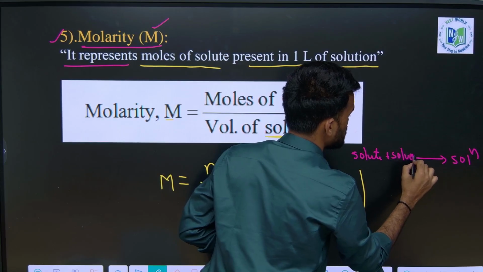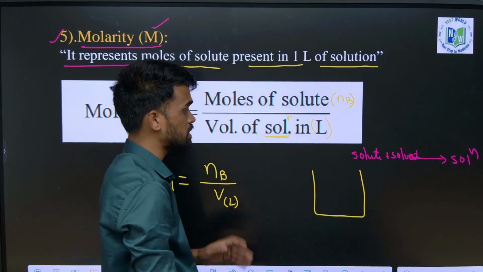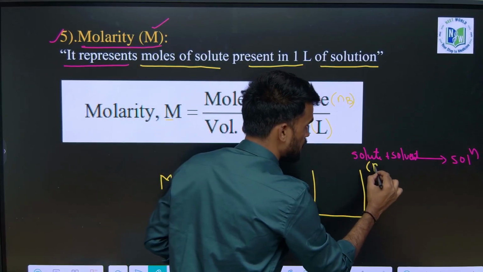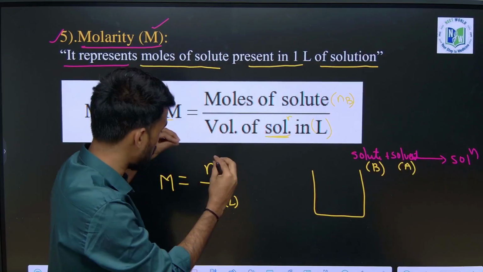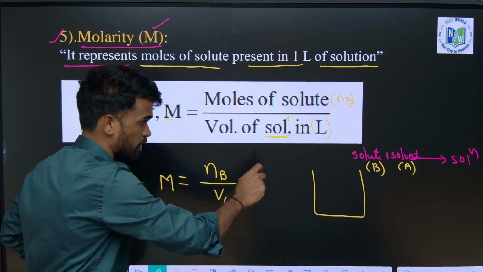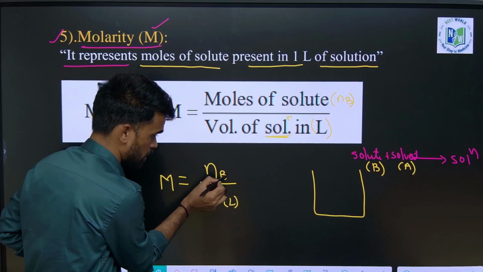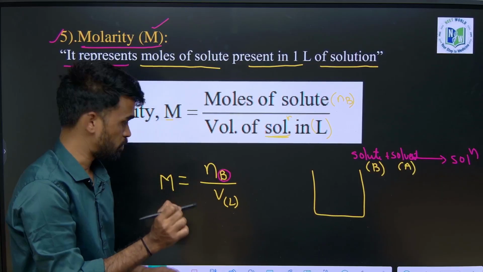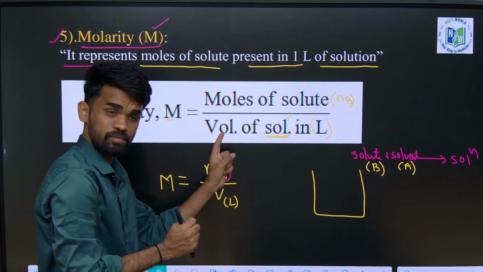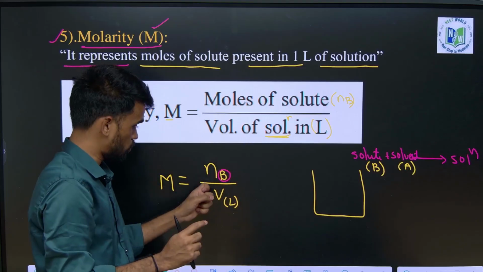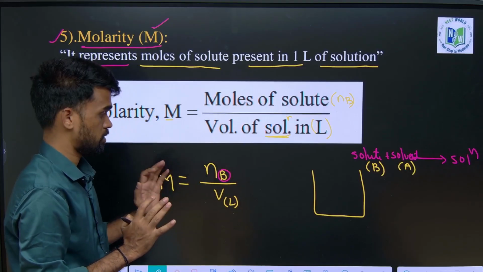For our understanding and convenience, I am representing solute with letter B and solvent with letter A. So instead of writing solute all the time, I just indicate it with NB. What does NB mean? The number of moles of solute present in a given volume of solution. So you just need to write this formula.